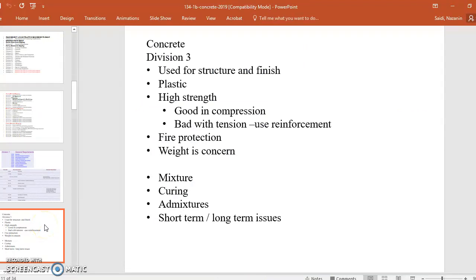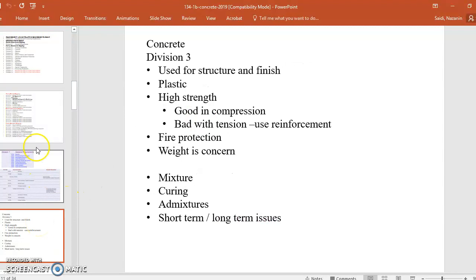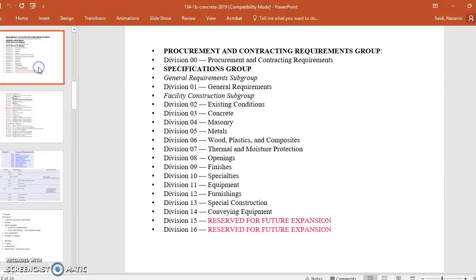So then we go on to Division 3. But before I talk about that, let me just quickly go through here. Division 2 is existing conditions. Division 3 is concrete. We'll get into it in detail. I'm going to go back. Division 4 is masonry. Division 5 is metals.